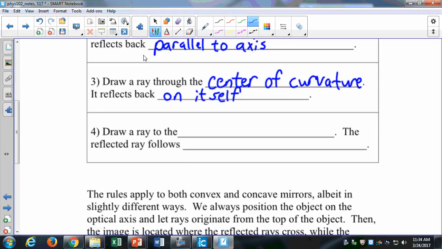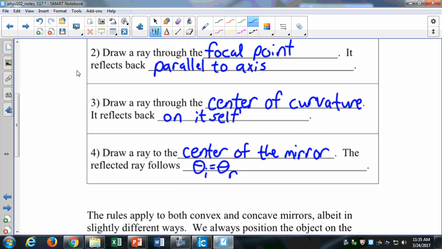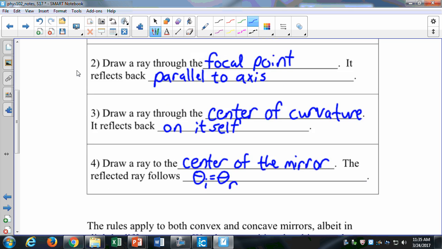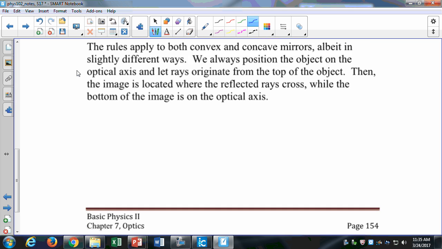And then you can draw a ray to the center of the mirror, and the reflected ray follows the law of reflection, which is theta I equals theta R. All the rays follow the law of reflection, but when you draw it to the center of the mirror, it's particularly easy to draw that ray so that the incident angle equals the reflected angle. All right, so you need to know how to draw these 4 rays for mirrors, and let's just start.